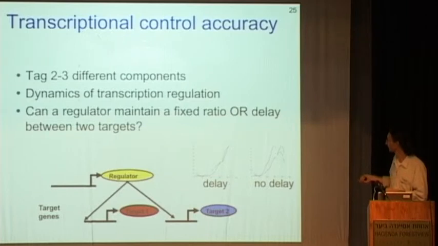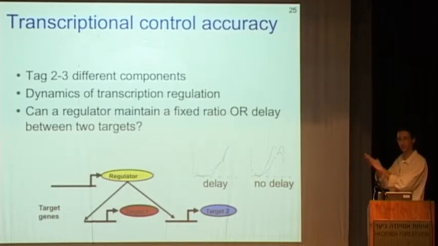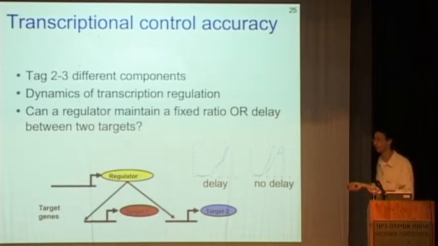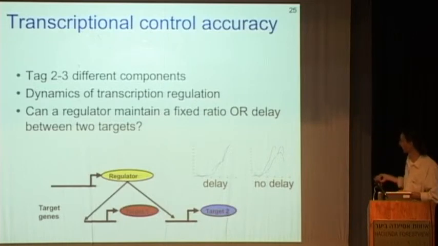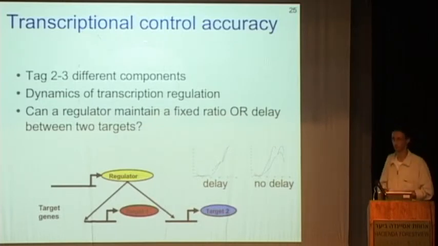The question is whether a single regulator can exert enough control over its targets to maintain a certain time difference between them, or a certain stoichiometry between them, for example, if they are complex members. So we can use multiple colors in the same cells, for example, tagging two targets or a target and a regulator, to measure these things in single cells over time. Okay?